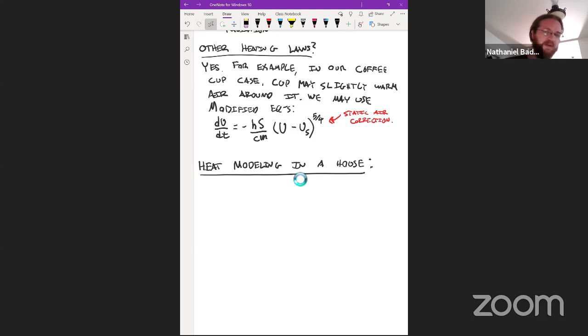Let's look at a first example. Assume that we have a house with a roof, and we just want to look at the transfer of heat between the main floor and an attic.